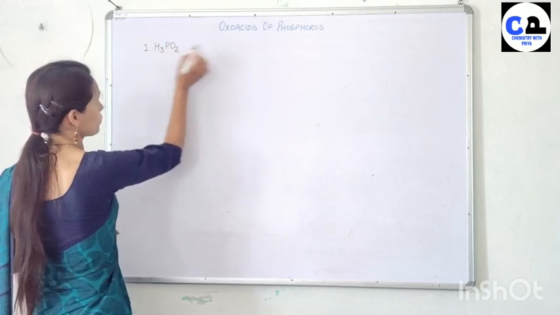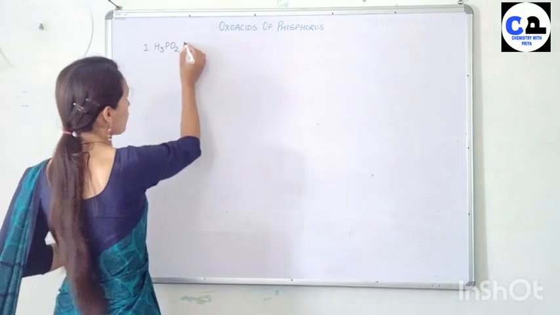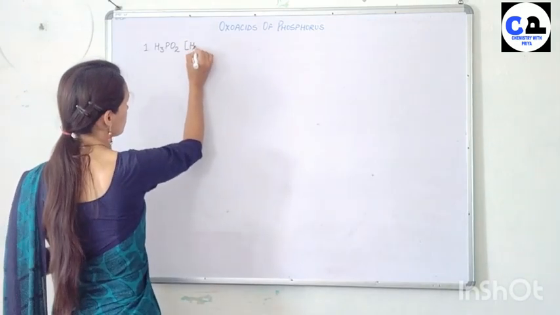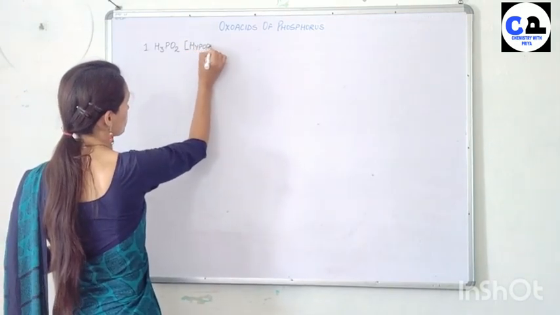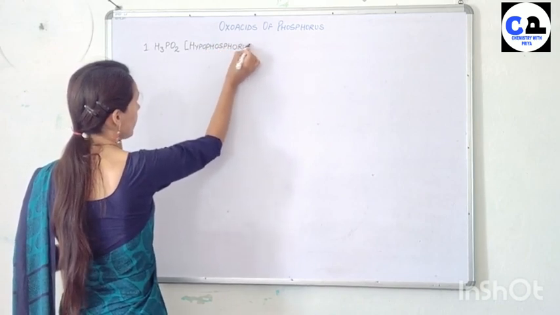The first oxoacid of phosphorus is H3PO2, and its name is hypophosphorous acid.